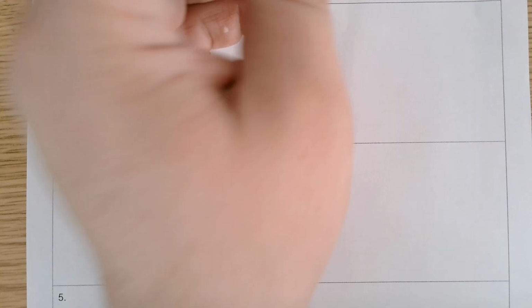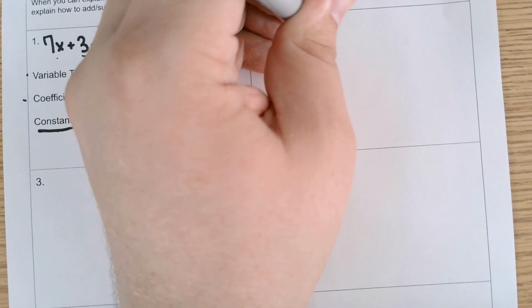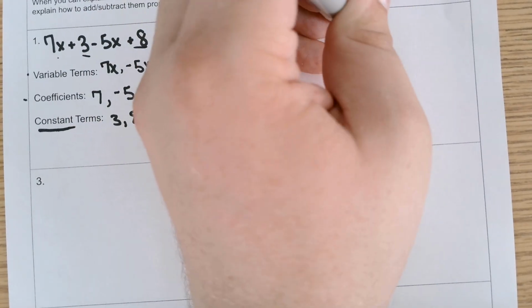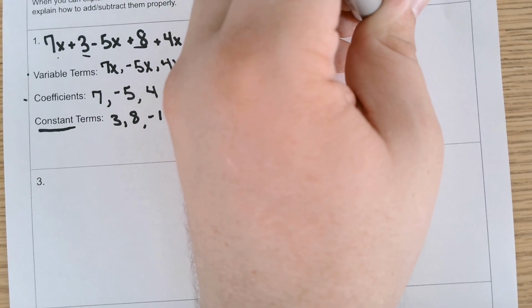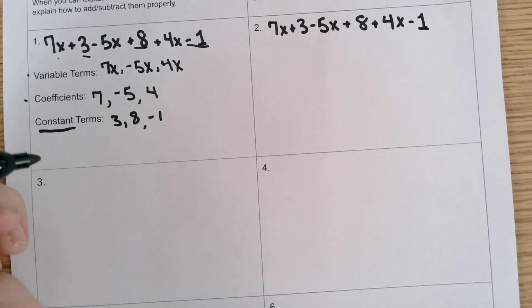So now let's talk about how we combine these like terms. Okay? We're going to go to box 2. We're going to write the same problem, the same expression. Okay?